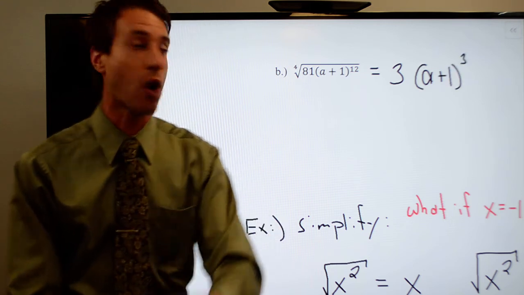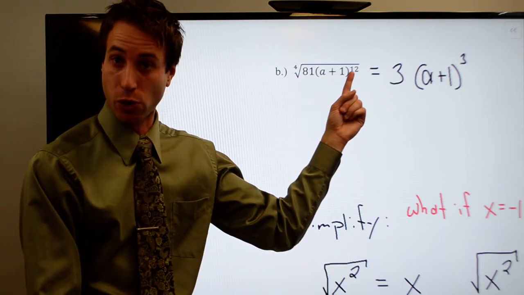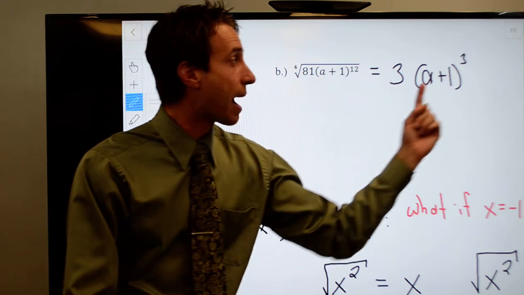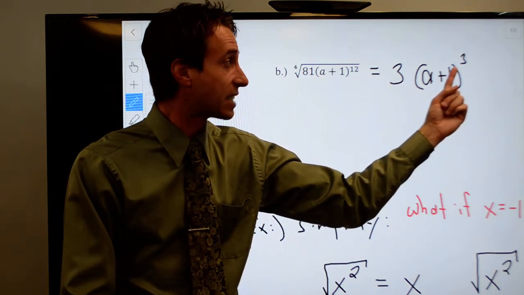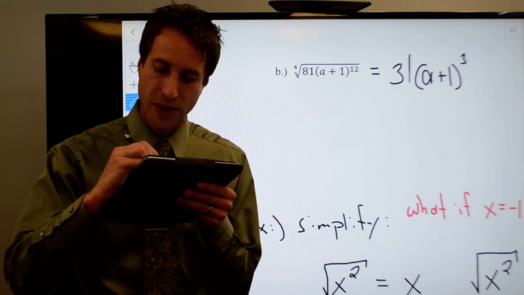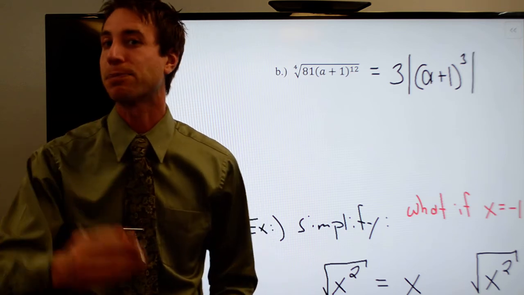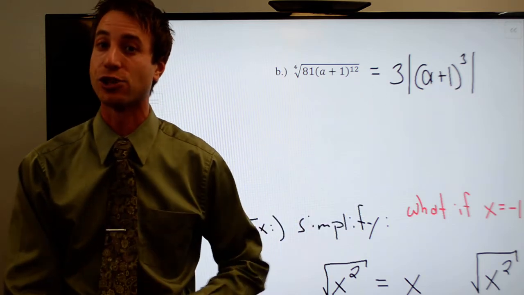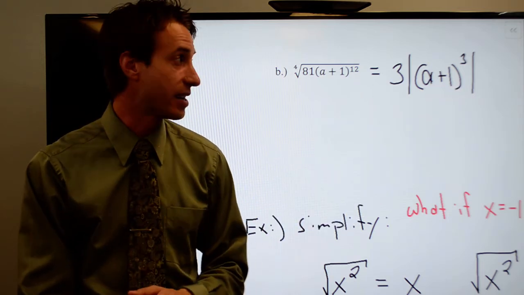Oh yeah, that's right. If the original problem has a power that's even, which I do, it's a 12, and my simplified form has a power that is now odd, I have to remember to put that guy in absolute value symbols to ensure that my answer stays non-negative.